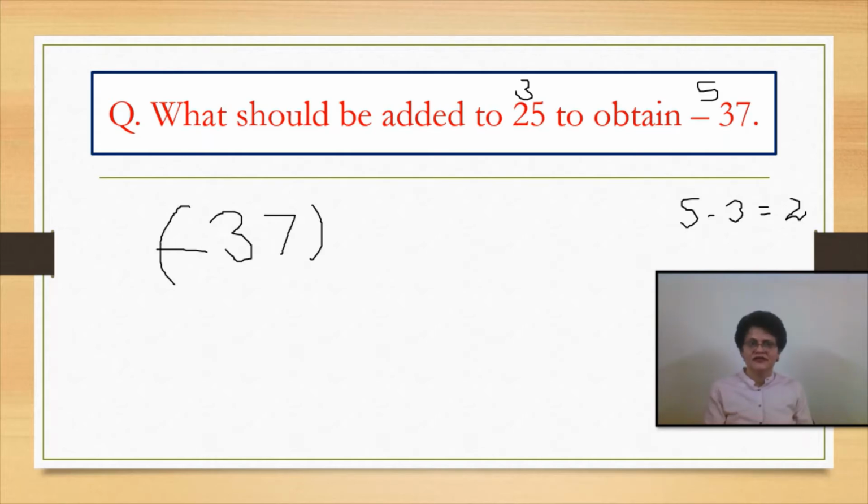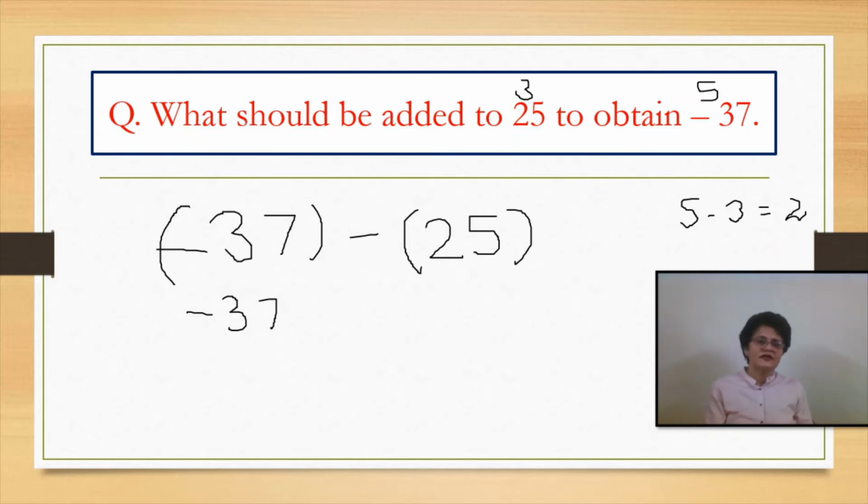After that, we have to subtract, because we have figured out that we have to subtract, and then we write 25. So the first number is straight away negative 37, and after that there is a negative sign outside, so this will be the opposite of plus 25, which is minus 25. Clear?